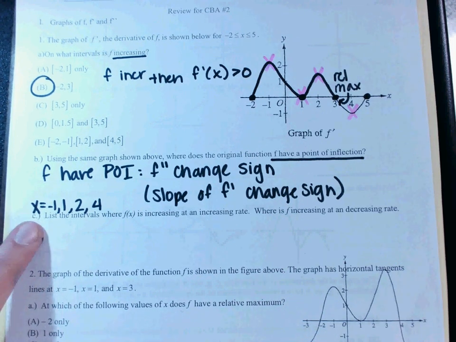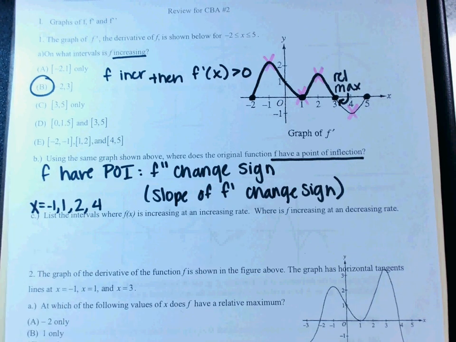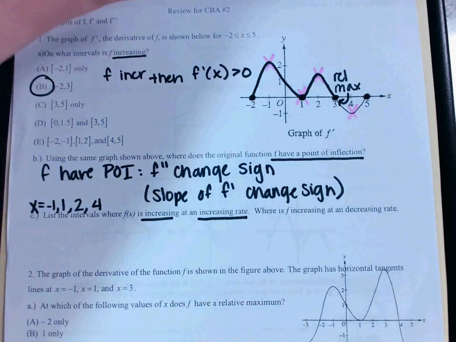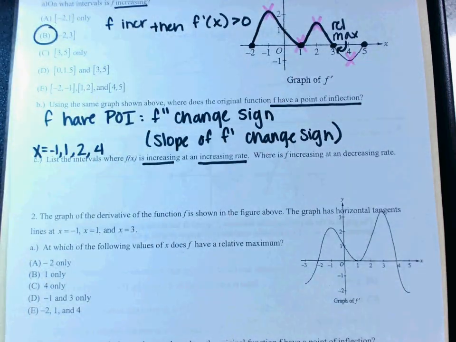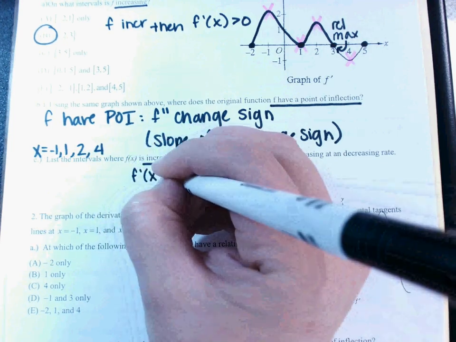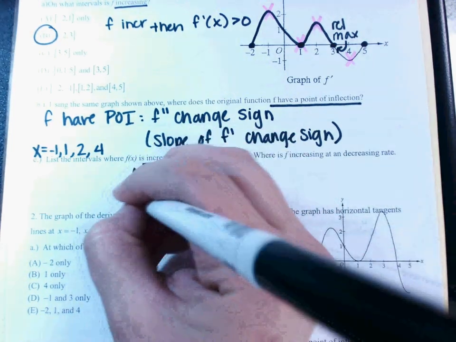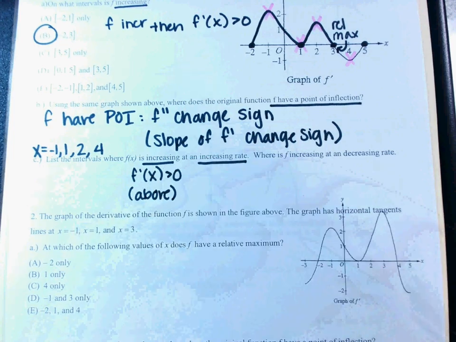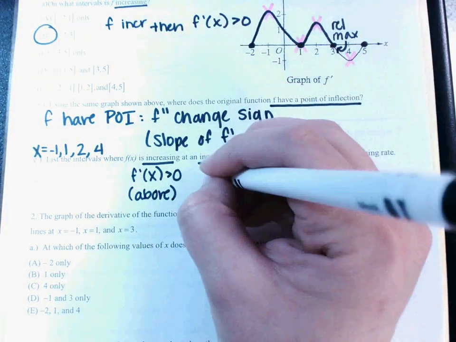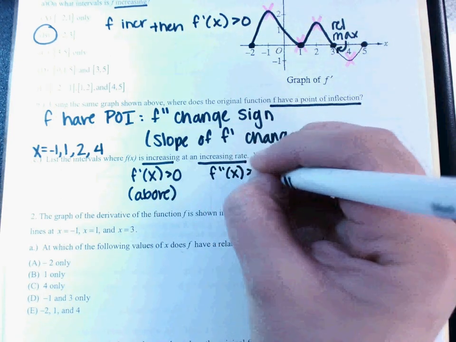Last part, part C. List where F is increasing at an increasing rate. What is the first derivative if I want F to be increasing? Positive, or above the x-axis. Good. And then if I want it to be done at an increasing rate, what's my second derivative? Also positive.